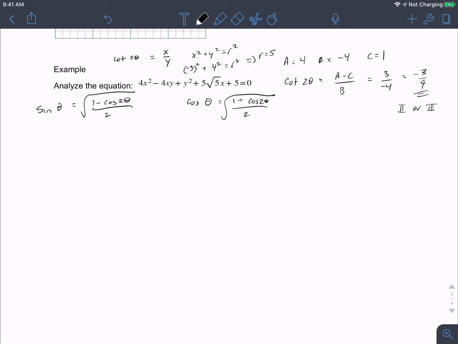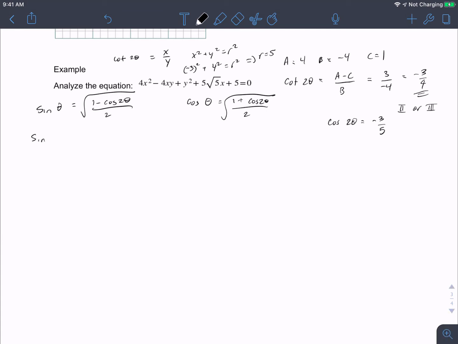And so using the information that we have, we had cotangent 2 theta, so then cosine 2 theta should be a -3 over 5, because we found our r, remembering that cosine is x over r. And so now we can substitute to go ahead and find our sine and cosine. And so we can find those values to do this problem.